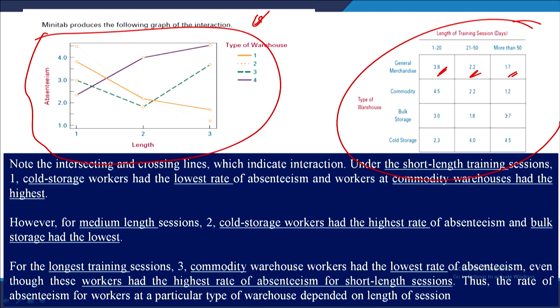Now, if you look at this plot carefully, when the training session is short length, then absenteeism is least for the 4th type of warehouse, the workers of the 4th type of warehouse. 4th is what? Cold storage.